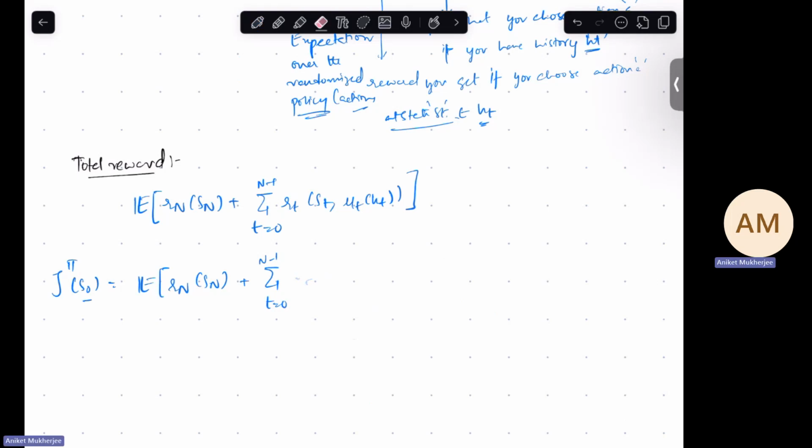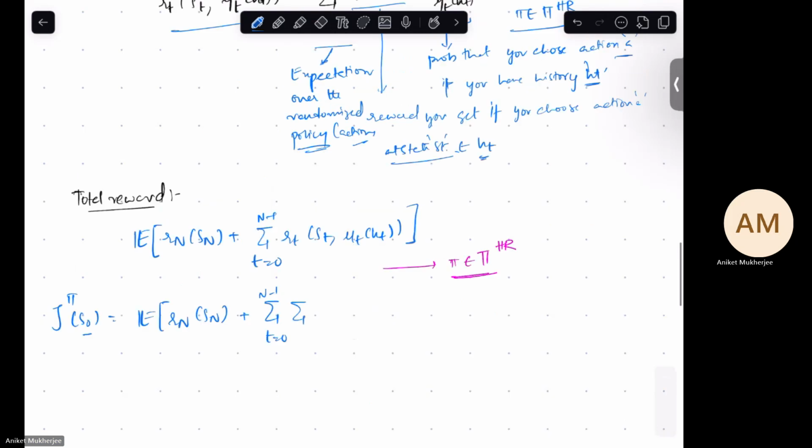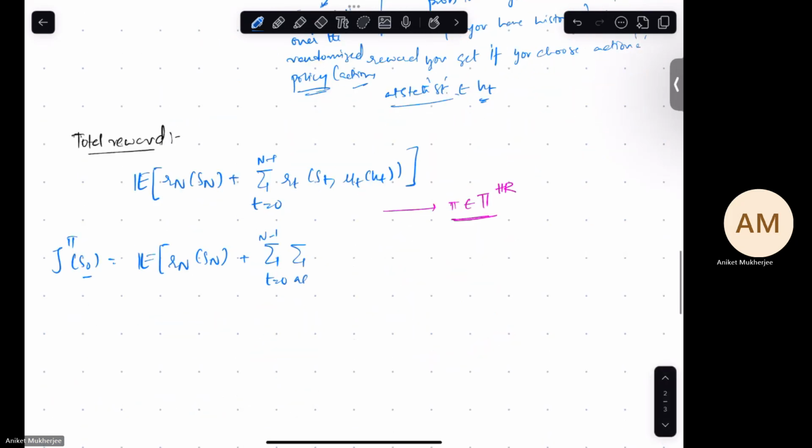But since your pi belongs to history dependent randomized policies, you will get a summation over A belongs to A_ST of R_t(S_t, A) times q_{U_t}(A | H_t).